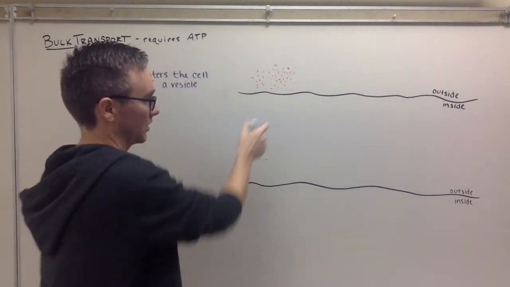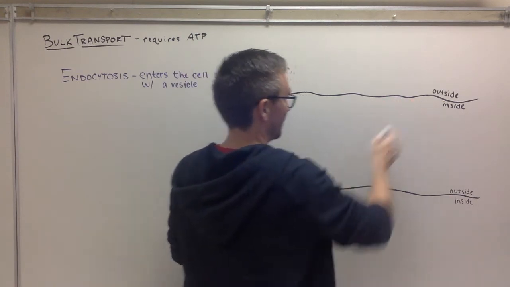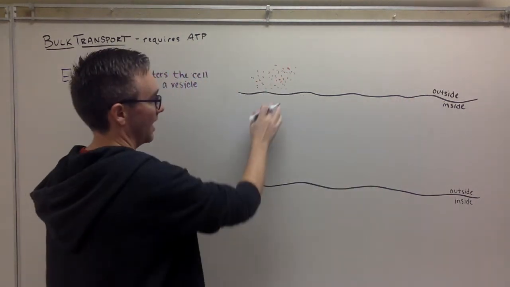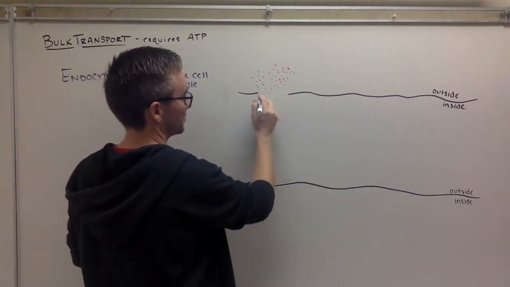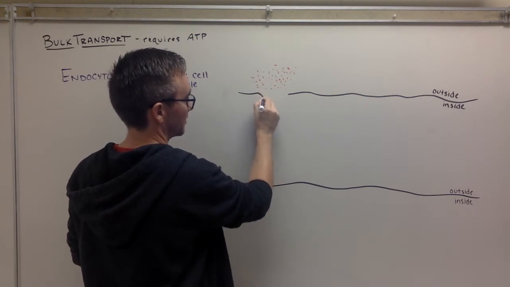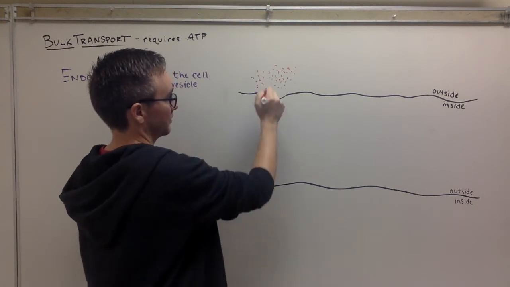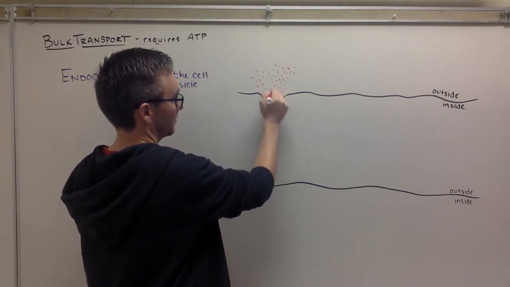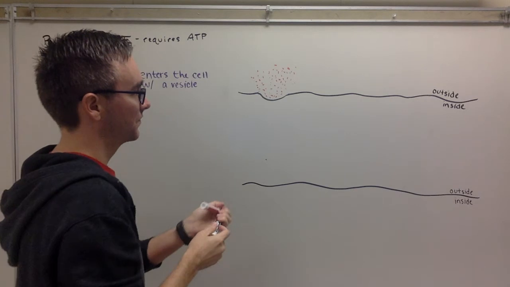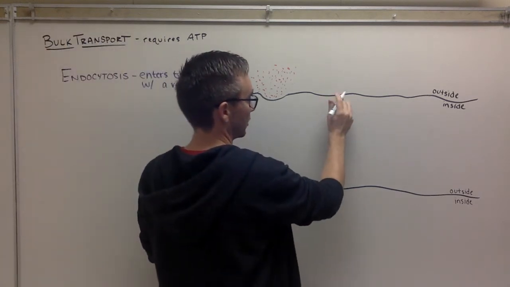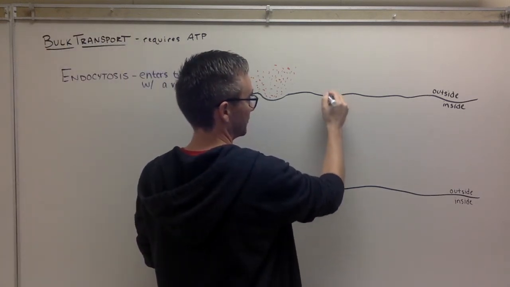I'm just going to draw a little timeline of what's going to happen here. First, as that material starts to come in, the cell membrane is going to start to bow in a little bit, which allows the material to come into that area. Then it starts to close in on itself.